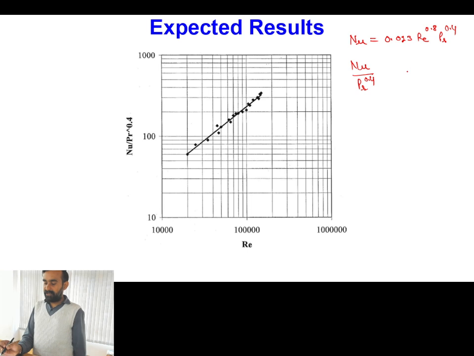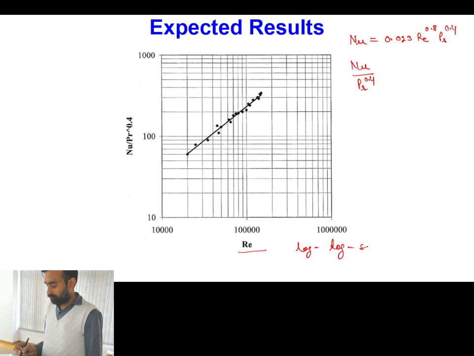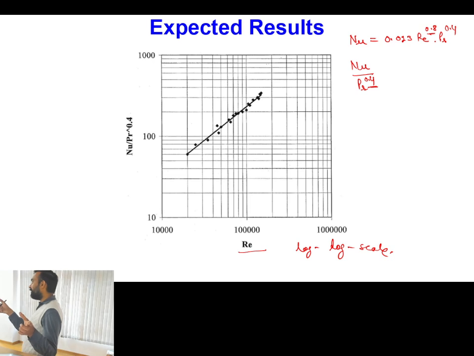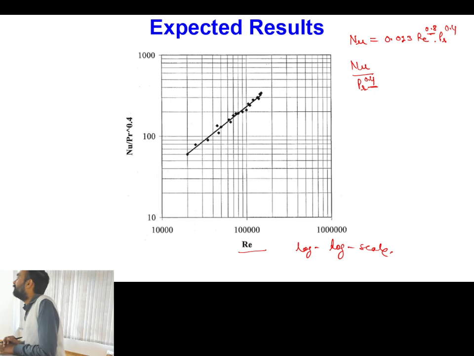If I plot this as function of Reynolds number, and particularly this is plotted on a log scale. Here also you have power, there also you have power. So if you consider the log of both the quantities, then ultimately both sides, because we have power, so if I consider log of both the quantities, then relationship will be linear.